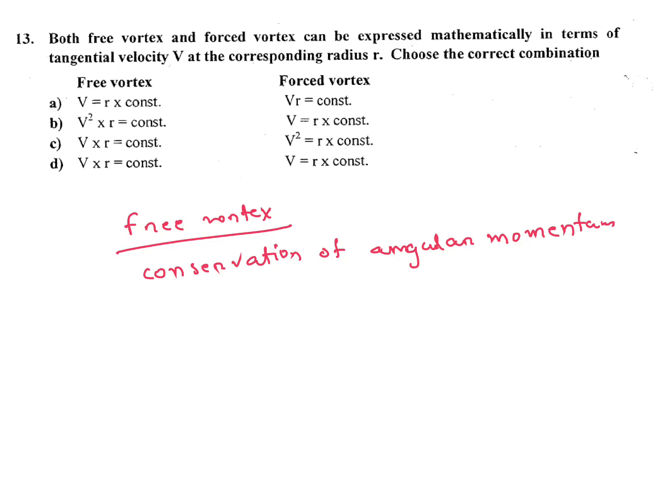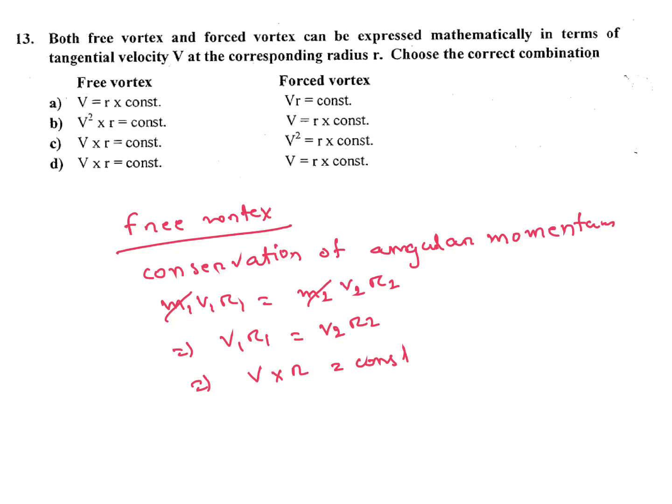M1 V1 R1 equal to M2 V2 R2. M is same. So V1 R1 equal to V2 R2. So V into R is constant in case of free vortex.